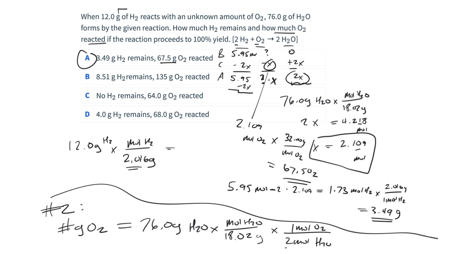So the 2 to 1 is just coming off the coefficients in the reaction. And 1 mole of O2 is 32 grams. So if we'd just gone 76, divide by 18.02, divide by 2, times 32.00, there's our 67.5 right off the bat.